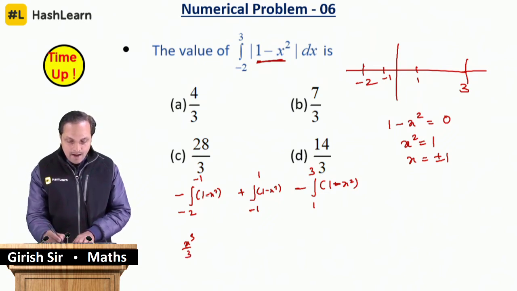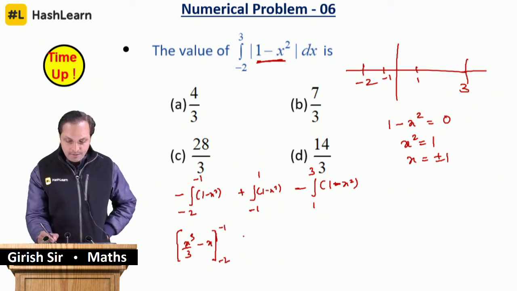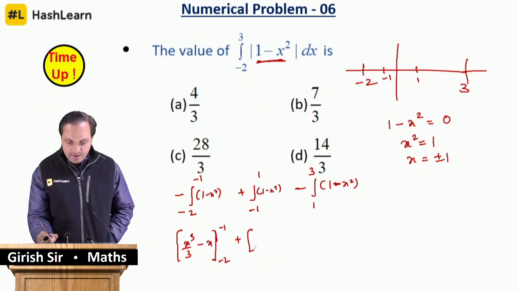Okay, and integration of ये होगा minus integration of 1 is x. यहाँ पे limit substitute करेंगे, upper limit or lower limit, that is -1 either, minus plus -2 here, and this will give you integration of that is x minus x cube by 3 and -1 to +1 is the limit.